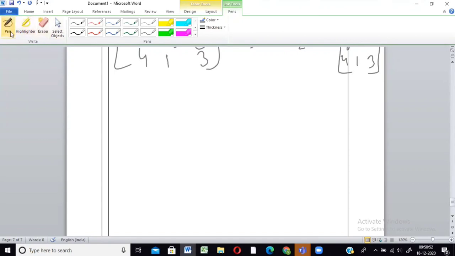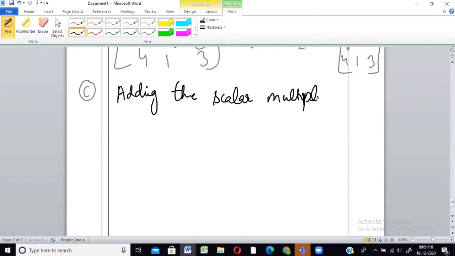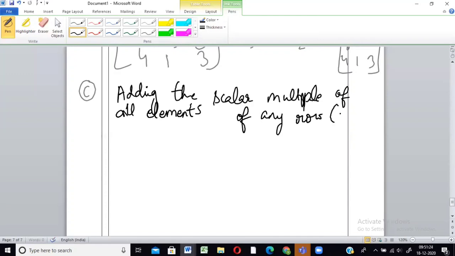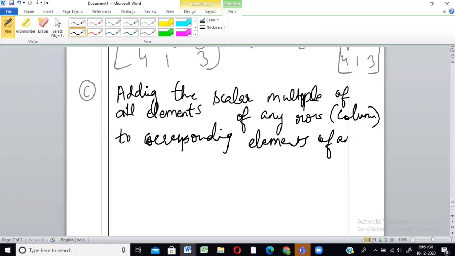Now the last one: adding the scalar multiple of all elements of any row or column to the corresponding elements of any other row or column.